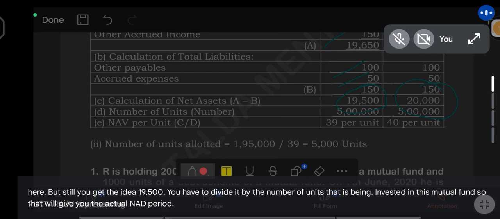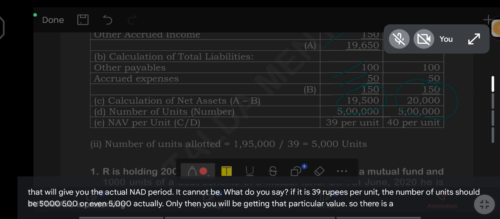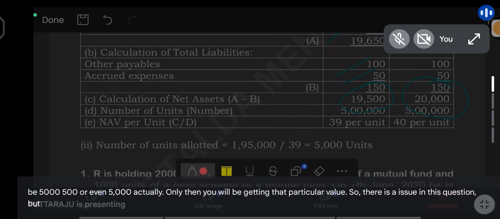If it is 39 rupees per unit, the number of units should be 5,500, not even 5,000 actually. Only then you will be getting that particular value. So there is an issue in this question, but write down the formula here.